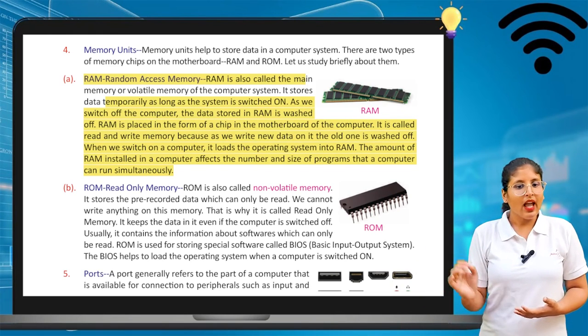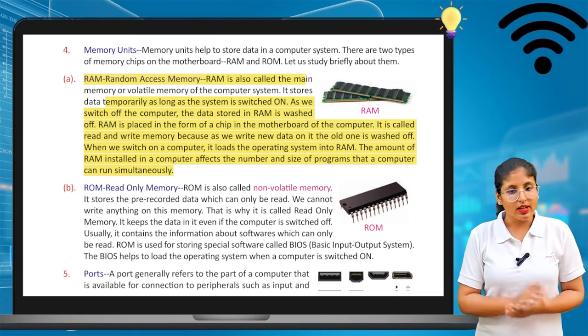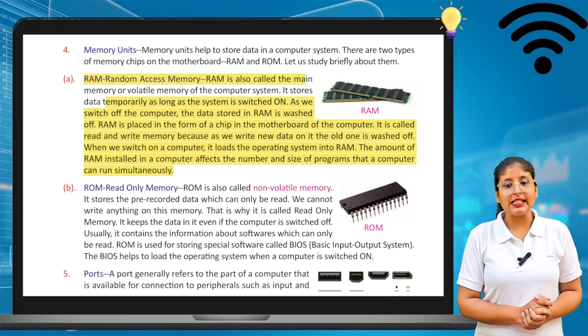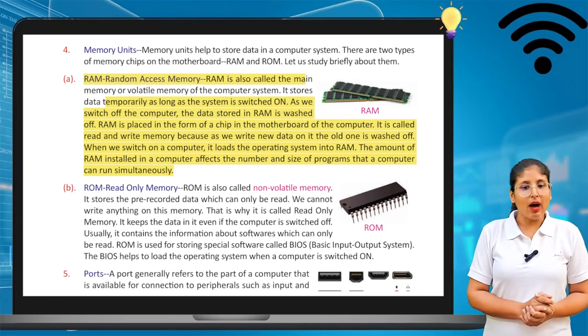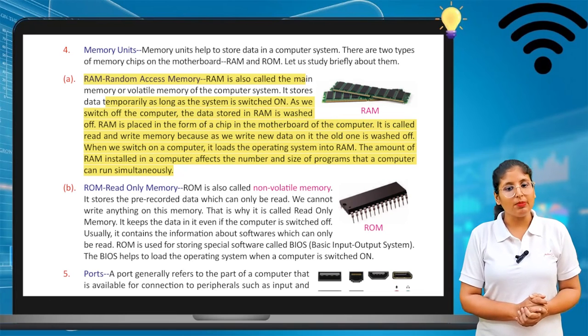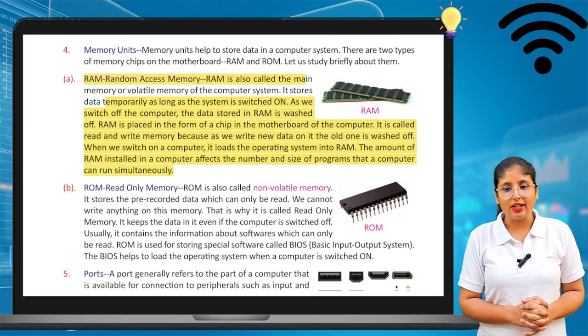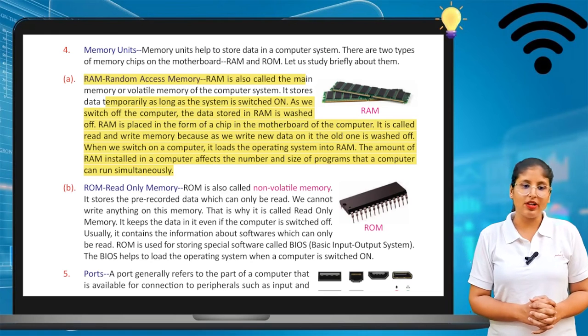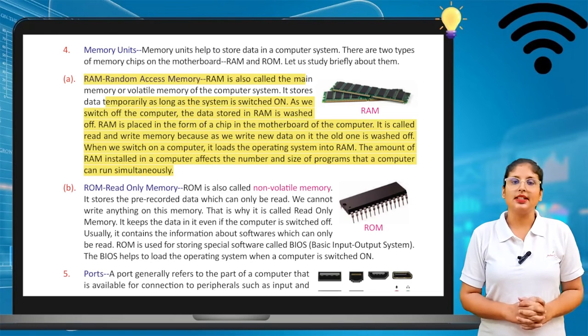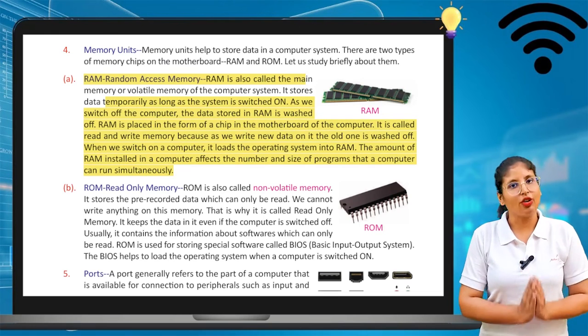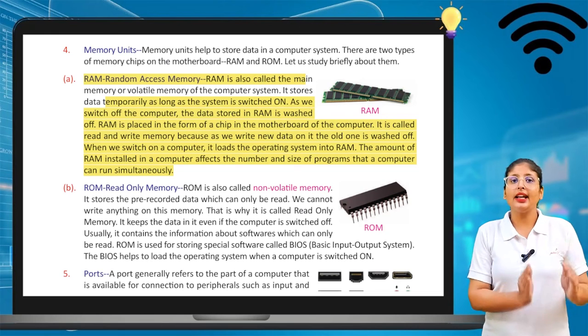When we switch on a computer, it loads the operating system into RAM. The amount of RAM installed in a computer affects the number and the size of the programs that a computer can run simultaneously. So this is the main function of RAM, to store data for a temporary purpose.